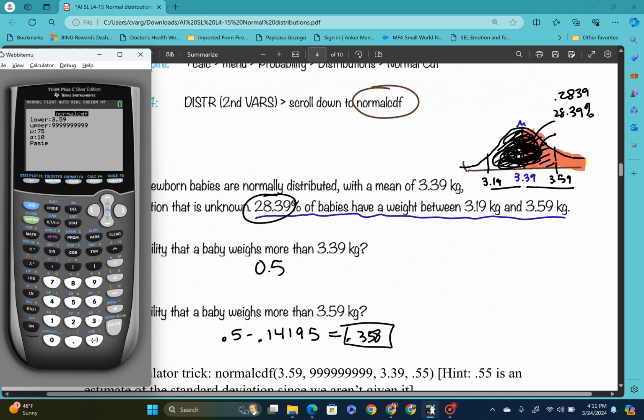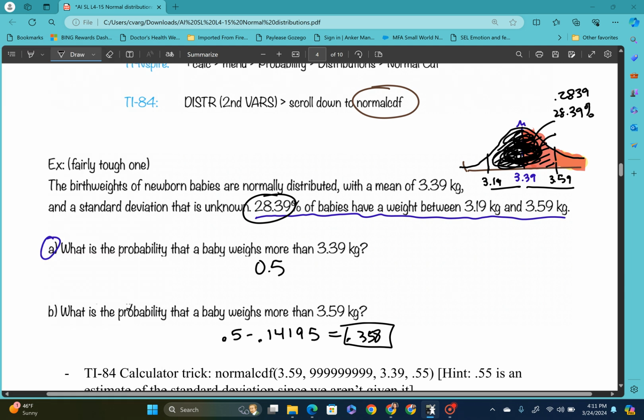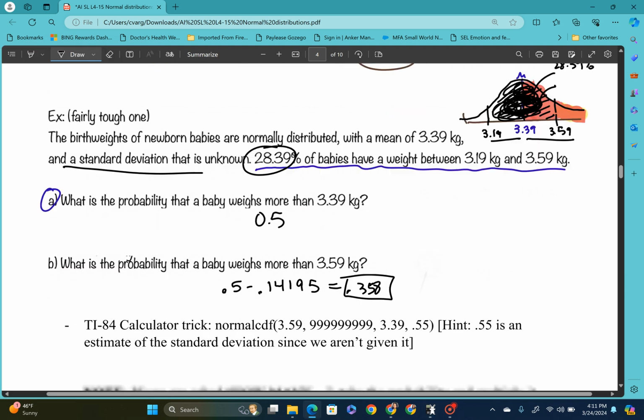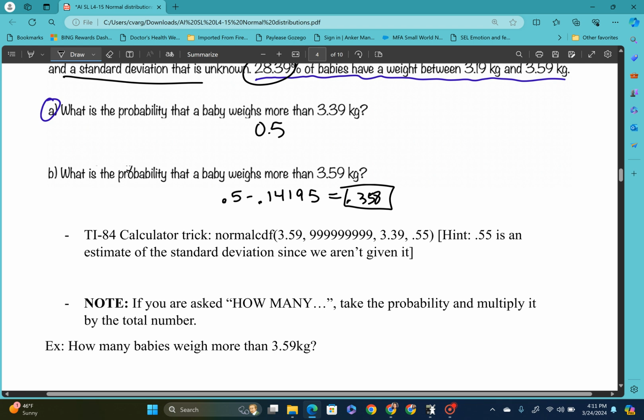My mean is 3.39 because it gave it to us, and our standard deviation we don't know, so we could estimate 0.55. It's a little bit more than half, and we do get the same answer. But again, this is an estimate, and we're doing that because the standard deviation is unknown. If we're given the standard deviation, we could figure this out easier.